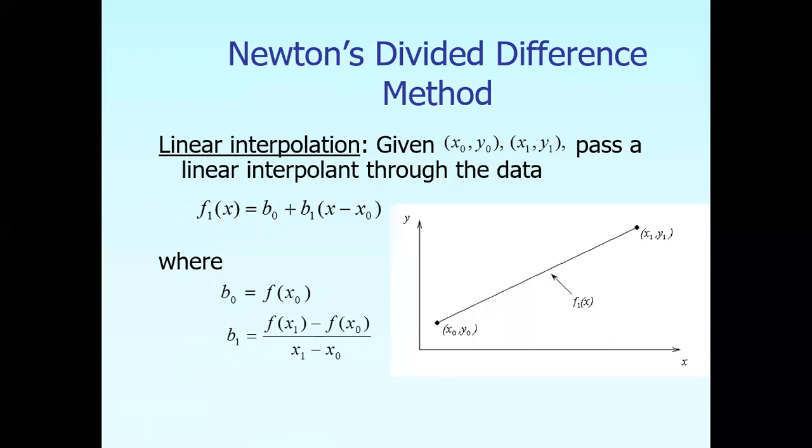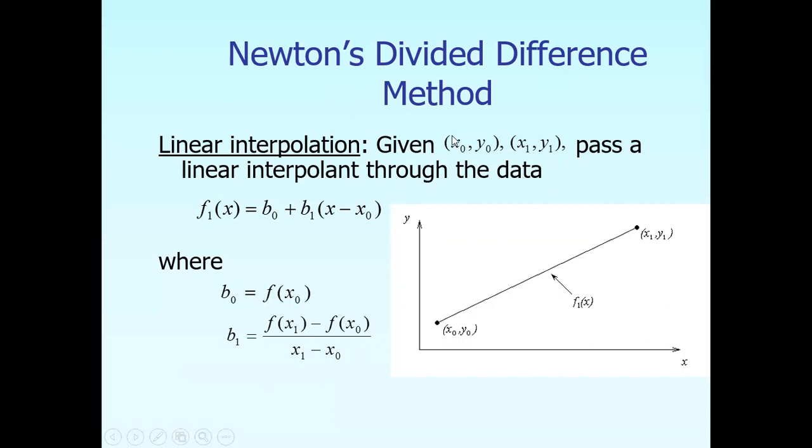This method is used when the step sizes of x are different. Means suppose the difference between x0 and x1 and between x1 and x2 are different, then we can use the Newton divided difference method.